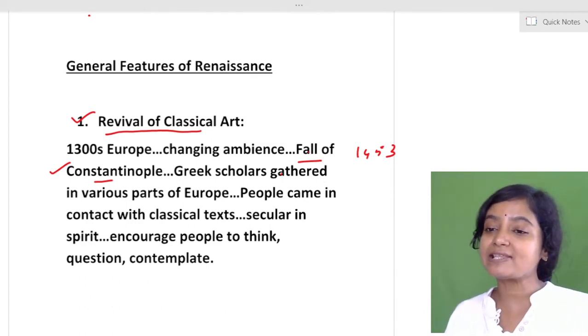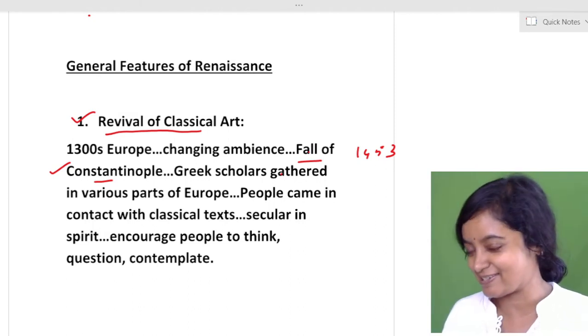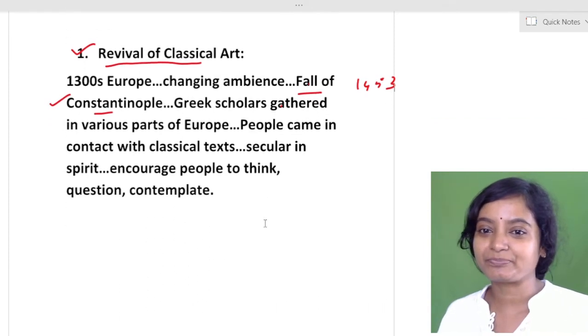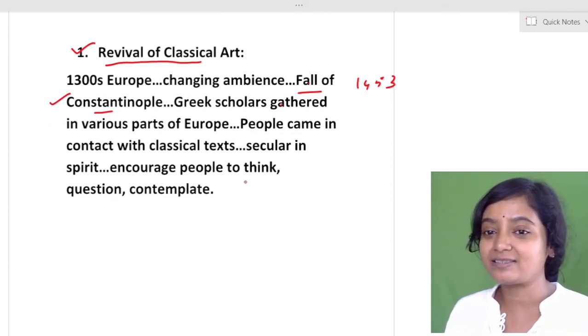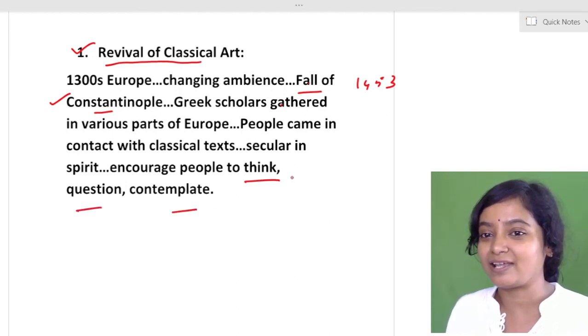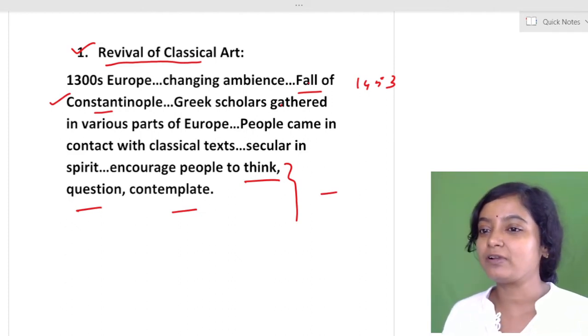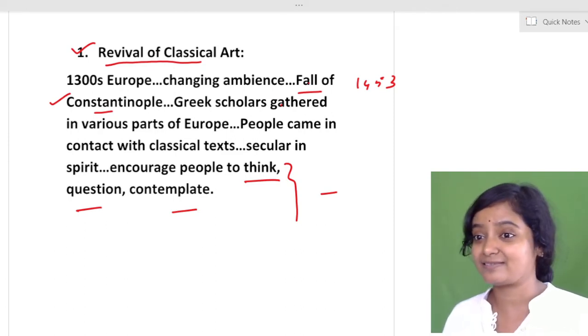So this secularism brings a tremendous wave of new thought and inspiration for Renaissance thinkers, and that paved the way for Renaissance. People started to question, contemplate and think. This thought power, this questioning power and contemplation, that's all over Renaissance, the features of Renaissance man. Before that, people were guided by blind superstition and blind religious faith.